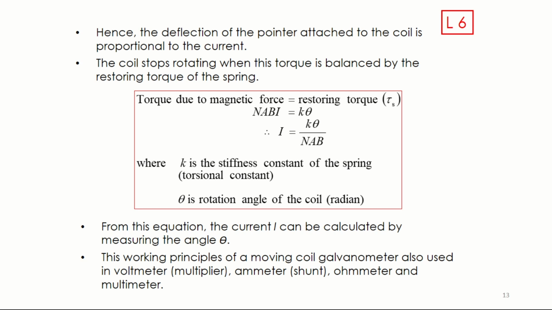From this equation, the current I can be calculated by measuring the angle theta. This working principle of a moving coil galvanometer is also used in the voltmeter, where we call it a multiplier, the ammeter, shunt, the ohmmeter, and the multimeter.